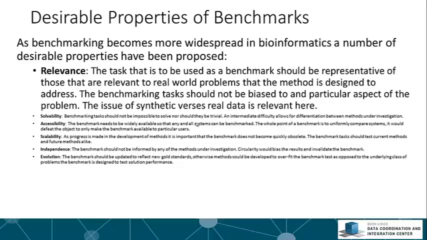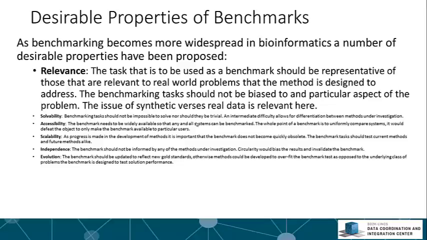As benchmarking has become more developed in bioinformatics, a number of generally desirable properties for benchmark tests have been proposed. So let's take a moment to consider some of those now. First, relevance. The relevance of the benchmark test is very important.